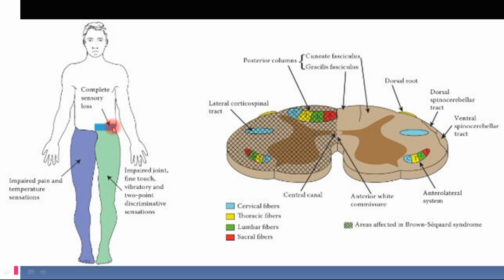What happens below that hemisection? So if the hemisection here is, let us consider, at the T5 level, what is going to happen is the signals which are coming from the bottom will not be reaching above to the brain.